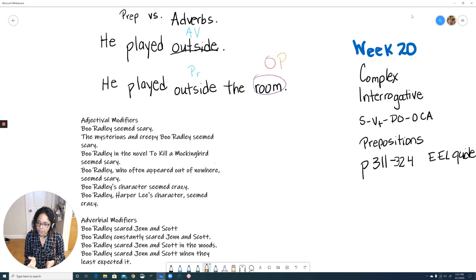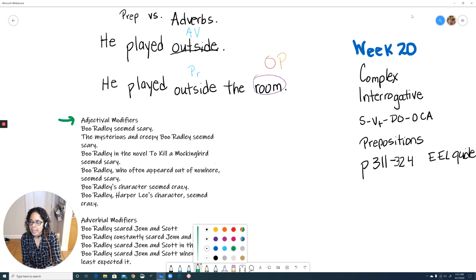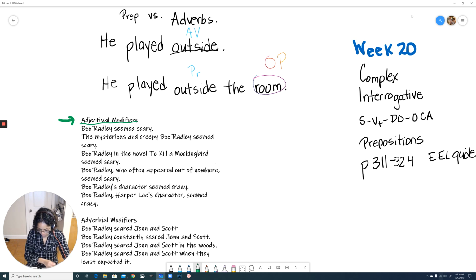Another really cool thing that they reviewed with us, and I want to review with you, because sometimes we do have questions and problems with that, is adjectival and adverbial modifiers. So we have some sentences here. I wrote them all out. Under our adjectival modifiers, our first sentence is Boo Radley seemed scary.